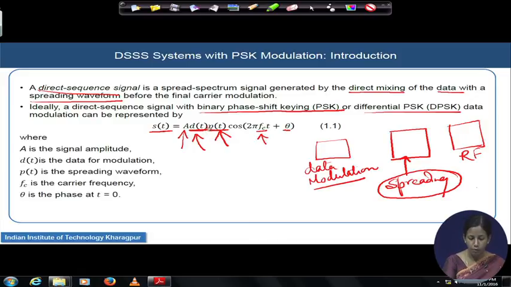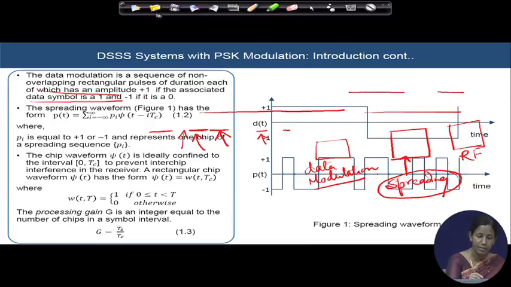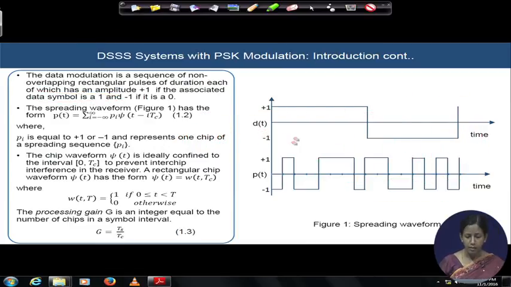And remember, the form of this d(t), the data modulation that we are considering for this analysis, will be BPSK. If we go to the next slide, we will be able to see the form of this d(t). The BPSK modulation will look like this, where the incoming bit stream is given as 0, 1, 1, 0, 1, 1, something like this.